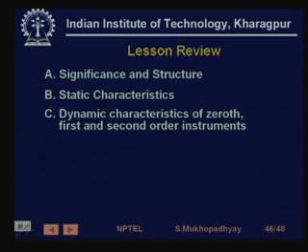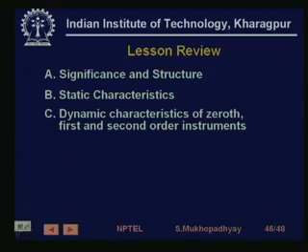We have looked at the static characteristic parameters, like sensitivity, linearity, accuracy, resolution, span, etc. We have also looked at the dynamic characteristic of 0th, first and second order instruments, and we have seen that they exhibit phenomena like oscillations, overshoot, they have time constants, and all these characteristics are very important, especially when these devices are used as feedback devices in control. We have also seen some industrial specifications.